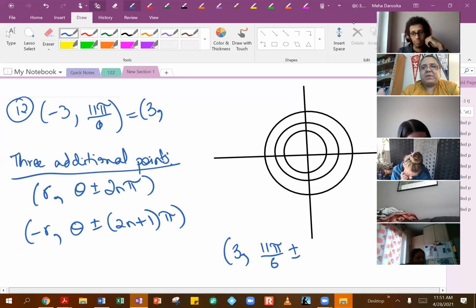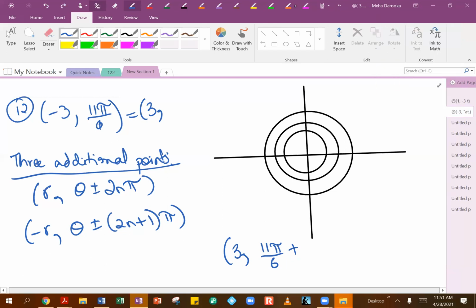Because, again, what happens if you use n as 0? What would you have? So let's just do a plus sign by using n equals 0. And if we did n equals 0, you're actually just leaving the original angle as it is, right? Because 0 times 2 times pi will become 0. So that doesn't give you a whole lot.